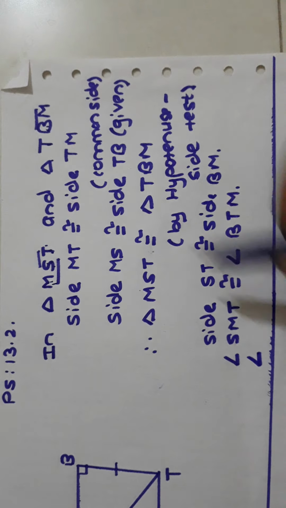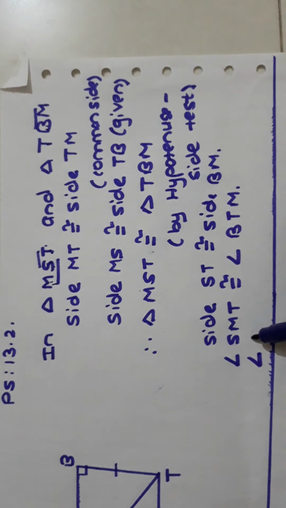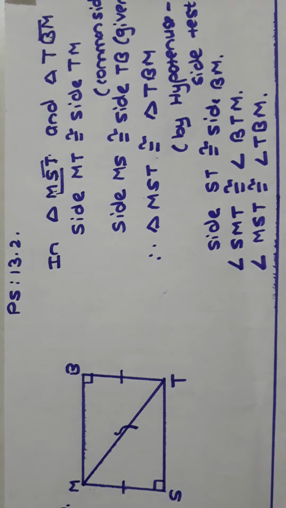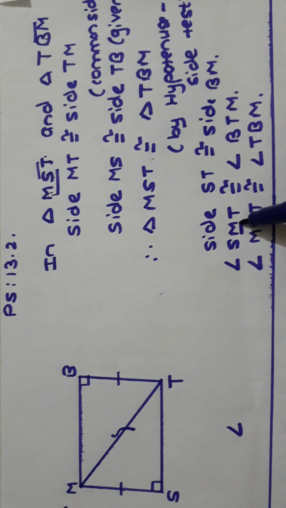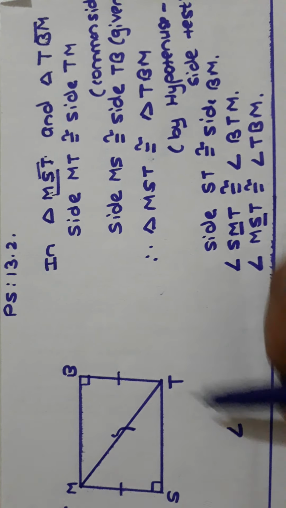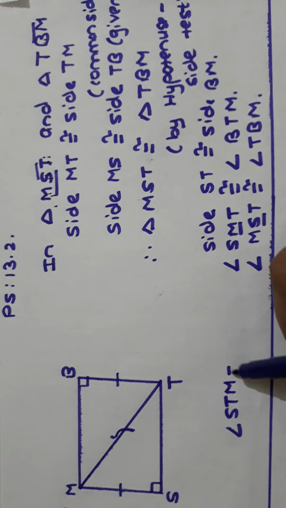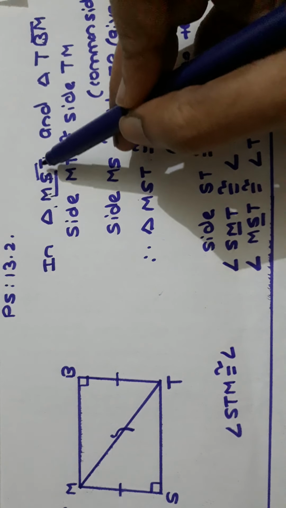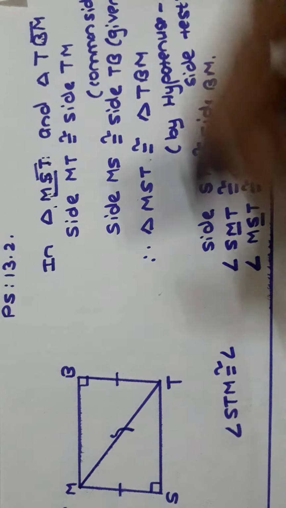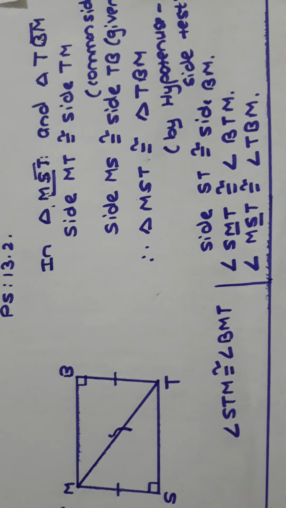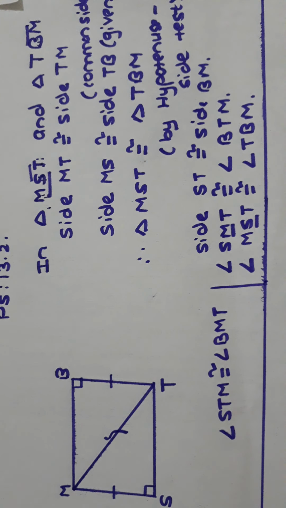Then angle S, MST congruent to angle TBM. One more angle. I have taken angle M, angle S. So the remaining angle is angle T. So STM congruent to BMT. So these are the remaining congruent pairs.